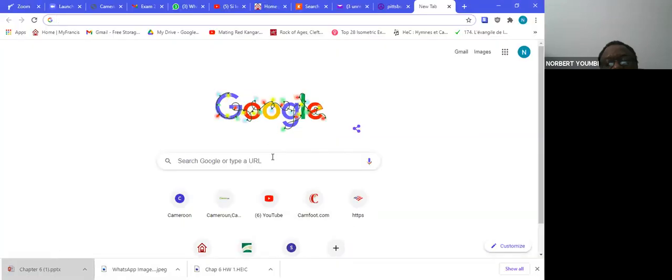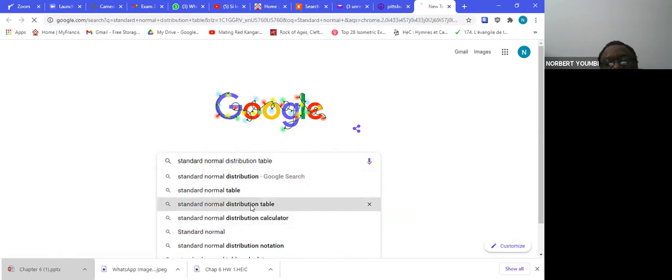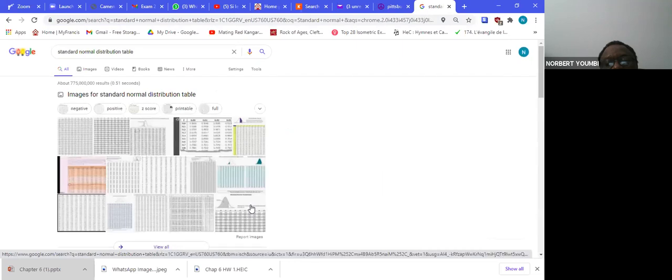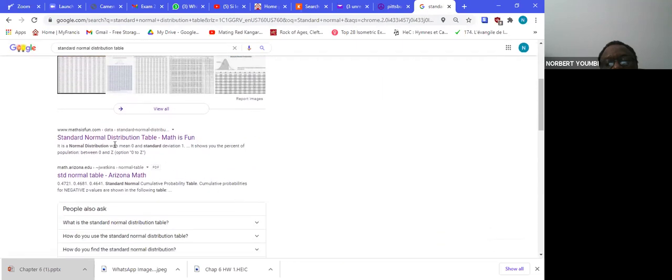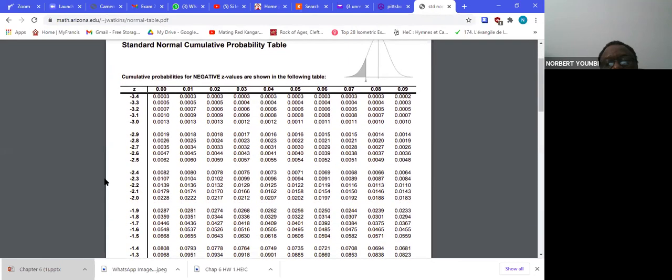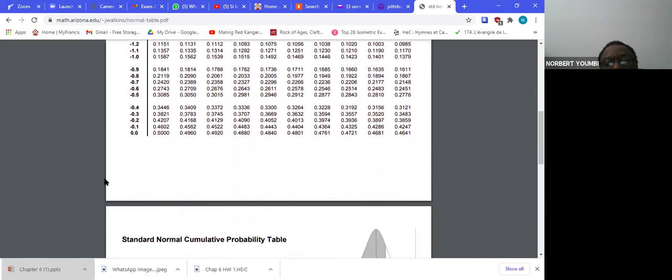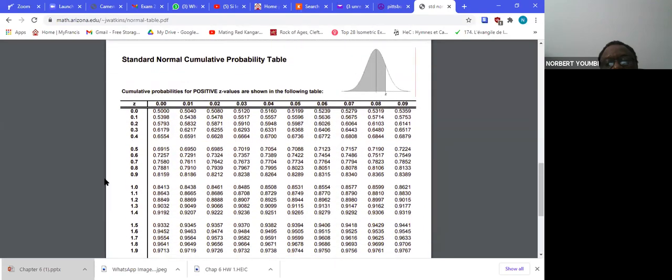I will type standard normal distribution table. So this is a standard normal distribution table like the one at the back of your book. So we want the area to the left of 1.99.